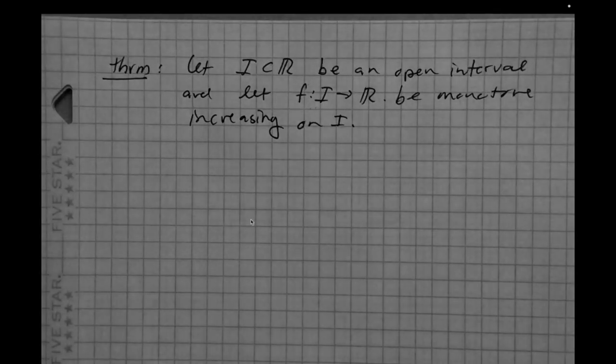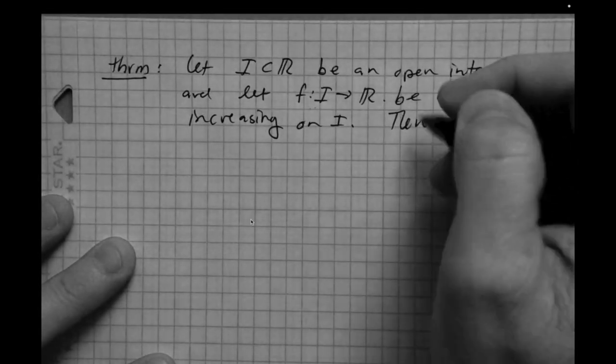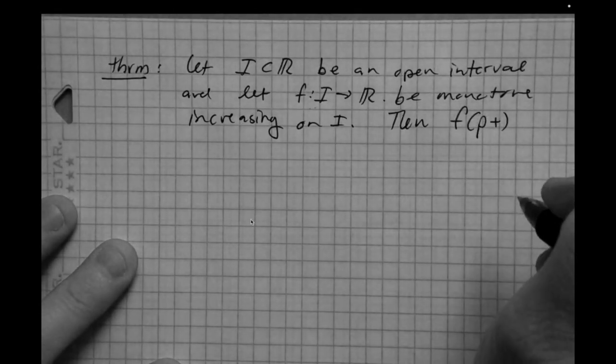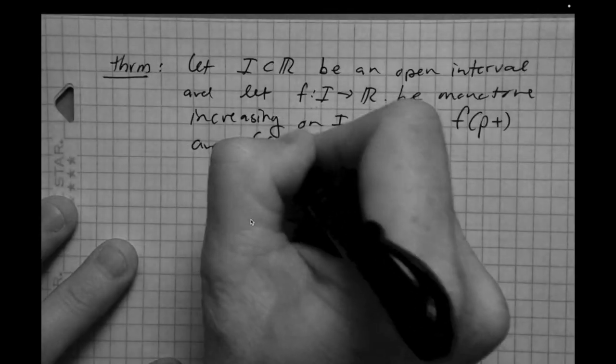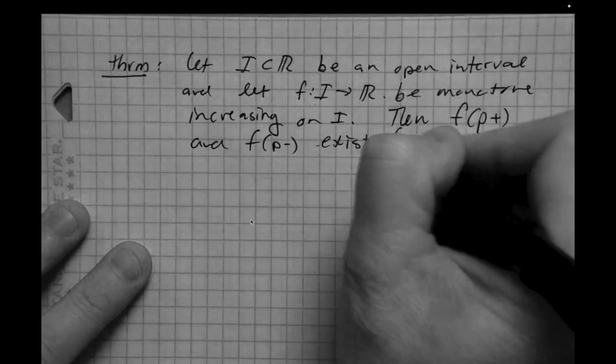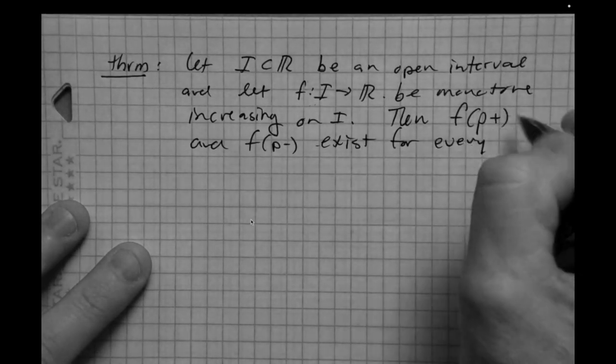So f is a monotone increasing function on I. Okay, and there'll be a version of this theorem as well that's monotone decreasing, but we're going to write this one out, and then you can understand how the results would extend to monotone decreasing. Okay, and so then, if this is the case, then f of p plus, the right-hand limit at p, and f of p minus, the left-hand limit at p, exist for every p in I.